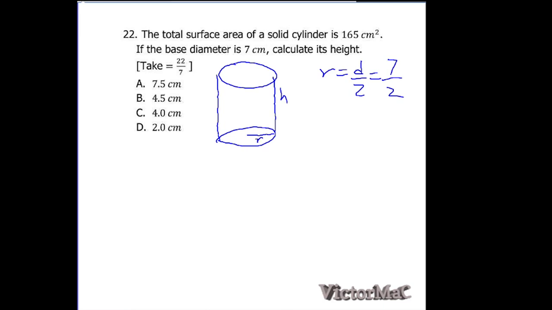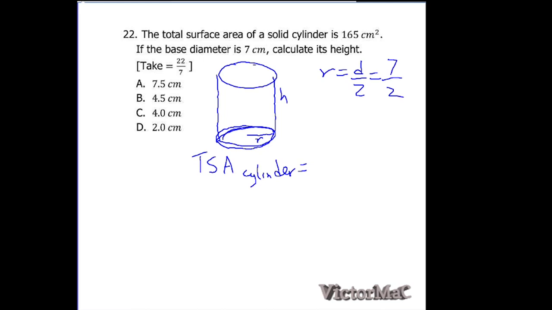Alright, so what's the total surface area of a solid cylinder? The word solid tells us that the cylinder is closed on every side, at the bottom and at the top. So for the circular base here, the area is pi r squared.